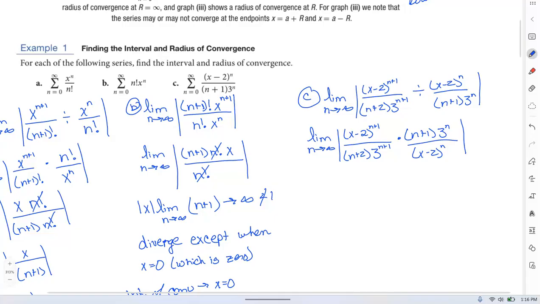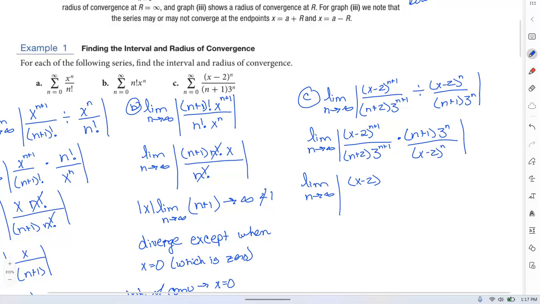So inside absolute value, we have x minus 2 raised to the n plus 1 all over the quantity n plus 2 times 3 to the n plus 1. And now it's times n plus 1 times 3 to the n all over x minus 2 raised to the n. So let's see if we can simplify this a little bit. I can see those x minus 2's are going to reduce, so I'm going to have an x minus 2 left.